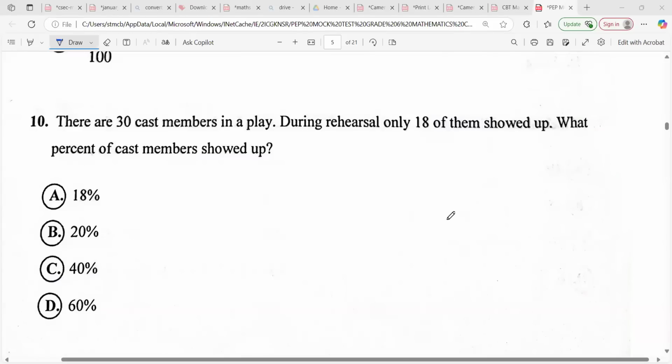We can be tested on all of these questions, so we have to know all of them. So I wanted to try number 10. Guys, I'm not the type of teacher who is going to say, how dare you get that wrong in my class? I've never done anything like that. So you can always try. All we're going to do is discuss it. No one is going to attack anyone.